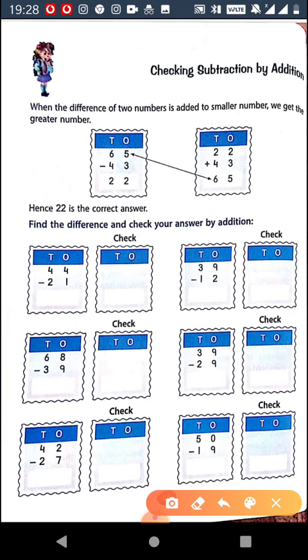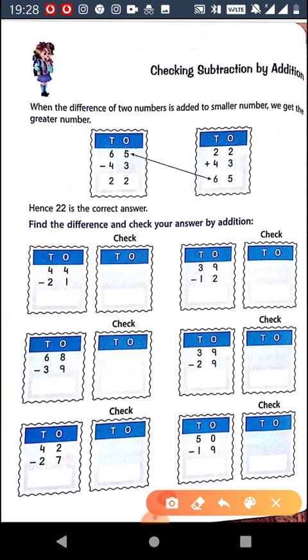Now when you add the answer and the smaller number, in subtraction we subtract the smaller number from the greater number. So when you add the answer and the smaller number, we get the bigger number. If we get the same bigger number from which we subtracted the smaller number, then your answer is correct.